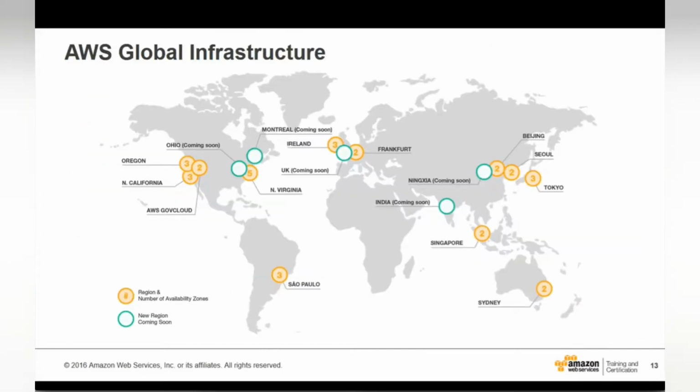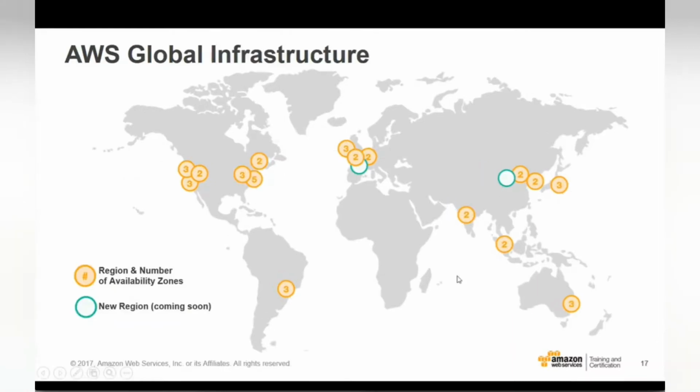I want to talk a little more about infrastructure. I've said that you can go global in minutes. You can launch a website in Virginia, and next minute you can launch it in Australia. But how specifically is our infrastructure set up? This is actually our latest slide. We have 16 regions right now, and the numbers that you see inside those orange circles are the availability zones.